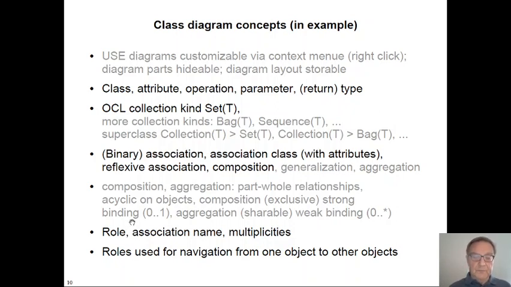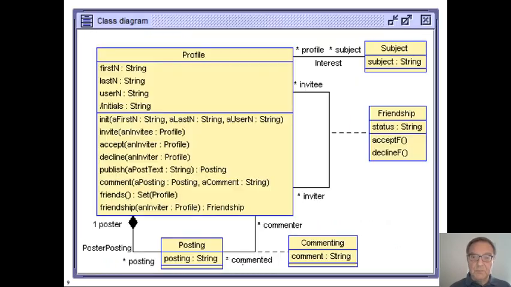And we have talked about the concept of a role and of multiplicity, and how roles are used for navigation from one object to another object. These were all explained in this class diagram.